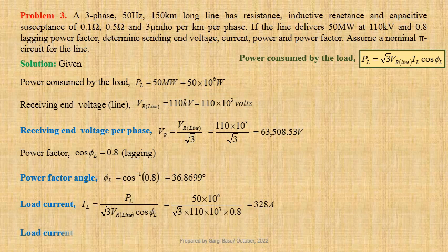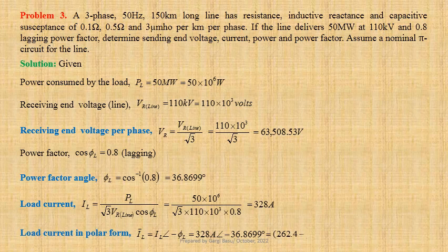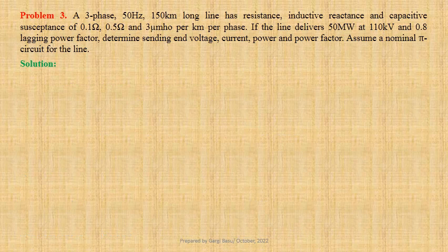Load current may be expressed in polar form as IL equals IL at an angle minus phi L, that is equal to 328 ampere at an angle minus 36.8699 degree. This may be written in Cartesian form as 262.4 minus J times 196.8 ampere.